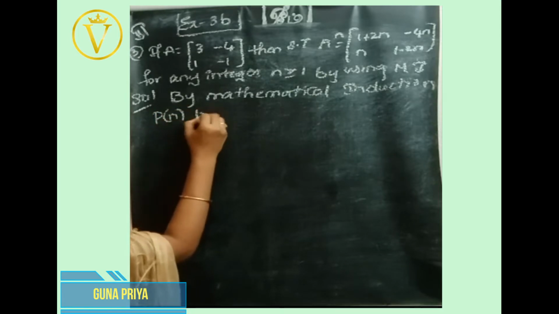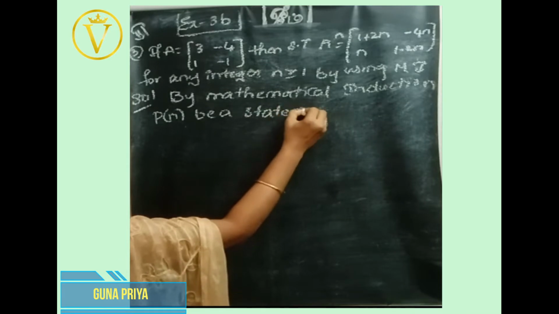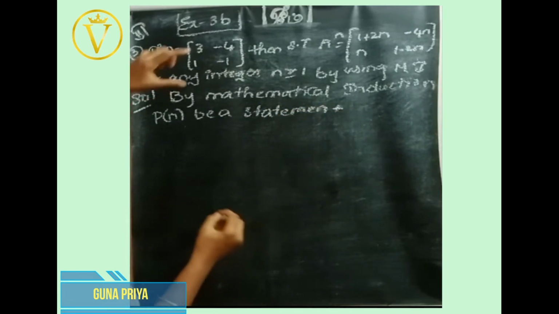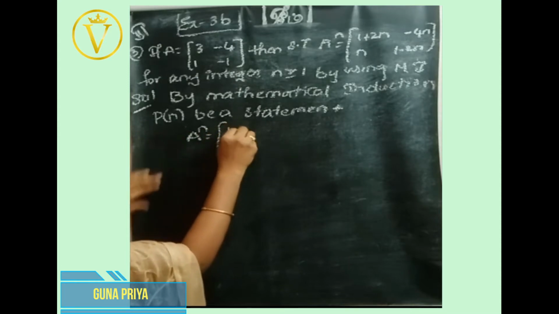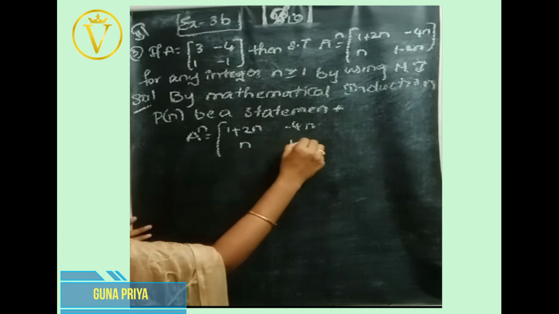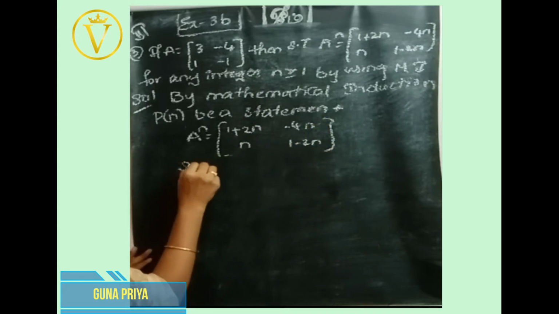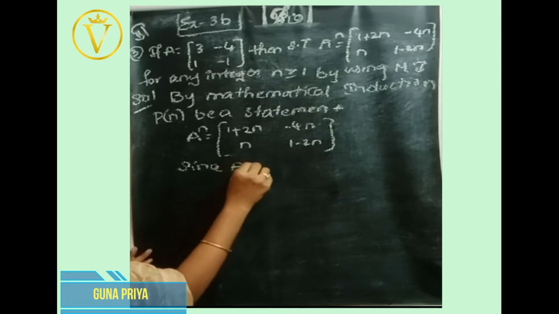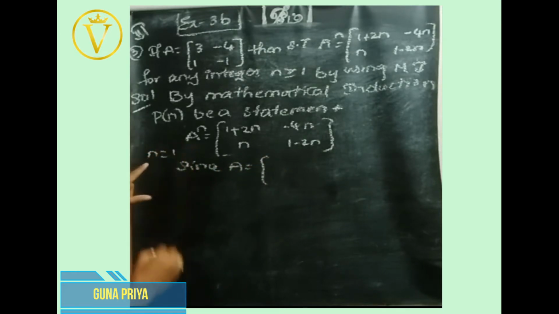So P of n be a statement. First, what they have given, A power n equals 1 plus 2n, minus 4n, n, 1 minus 2n. So A equals this matrix when n equals 1.